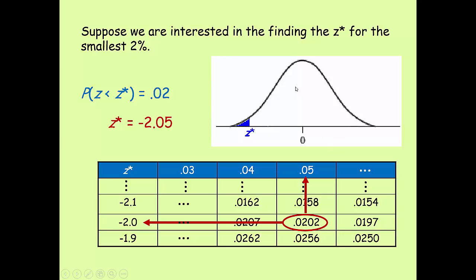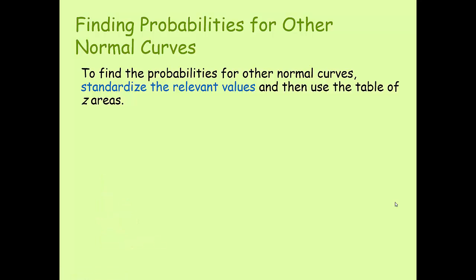Remember, these z-scores are the number of standard deviations you are away from the mean, so I'm below the mean, negative 2.05 standard deviations. As mentioned, if I have some data and I see that I have a normal distribution, then I can standardize.